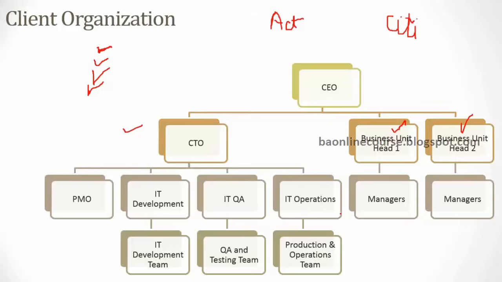So all these gamut of activities would be considered as your support activities, ensuring that the business users are happy with the application. Right, so broadly, these are the 4 things which the IT team would do.